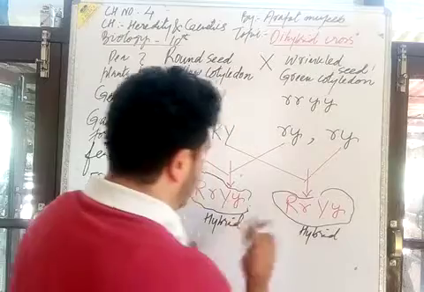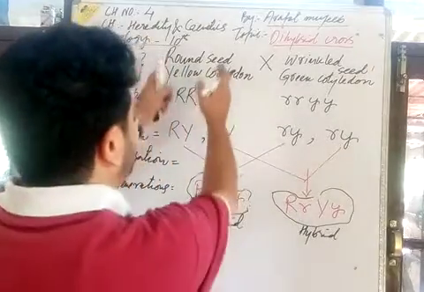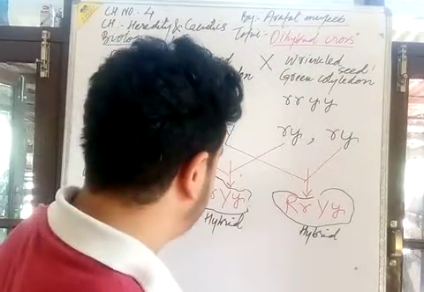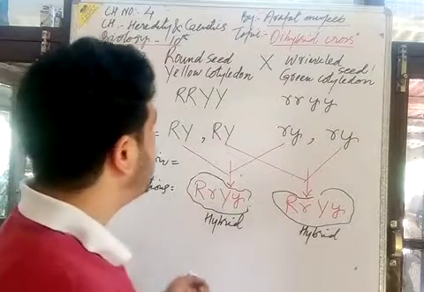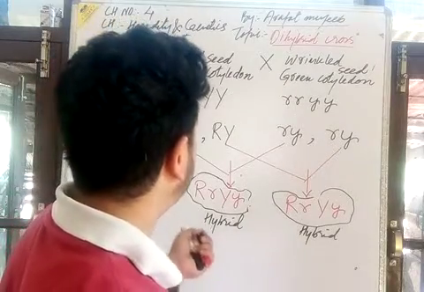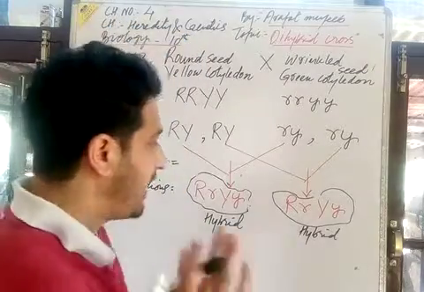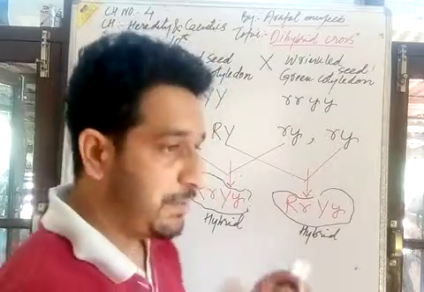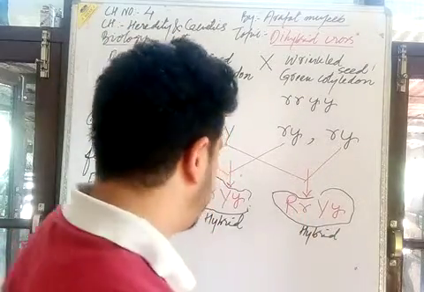Here we get round seed yellow cotyledon pea plants, but hybrid in character, hybrid in future.